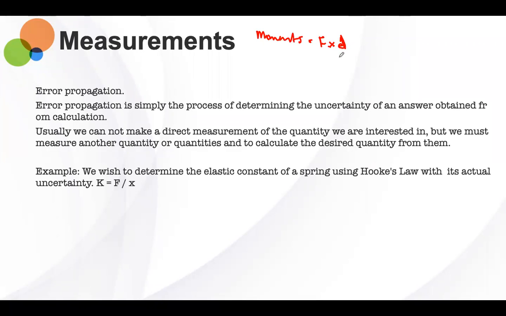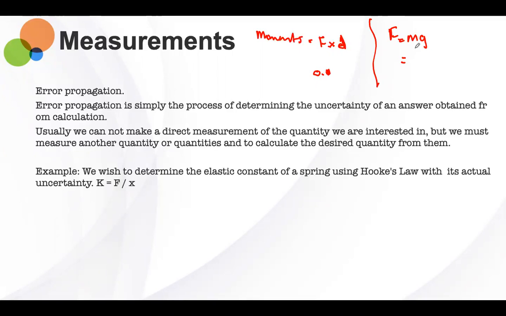And we said that the uncertainty of the meter rule is 0.1, right? And we used a top pan balance to measure the mass, and then we calculated the force from that. Force equals mass times acceleration due to gravity, right?